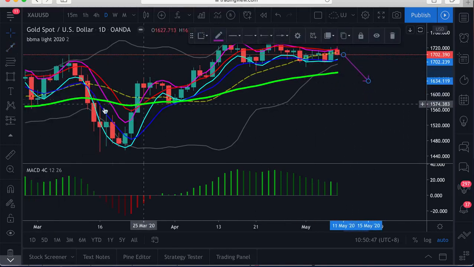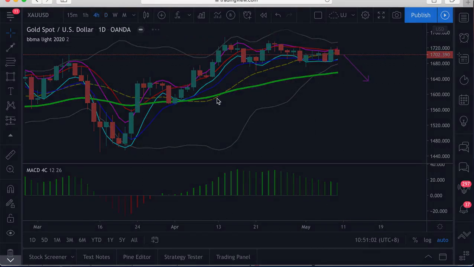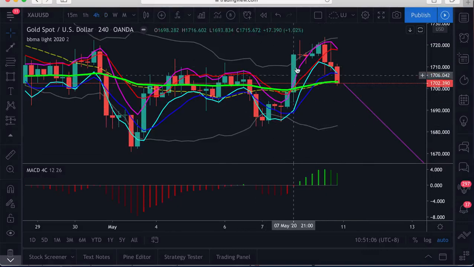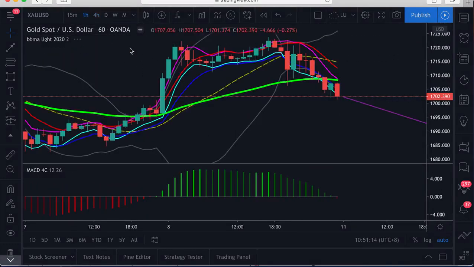Until the BB and EMA come back inside the BB, there will potentially be a bit more upward movement before you make a downward movement. On H4 you want to see CSM. There's a CSM buy here, but this is a CS. I'll take it as a CSAKSL, and let's look at H1 to see if our sell setup is valid.